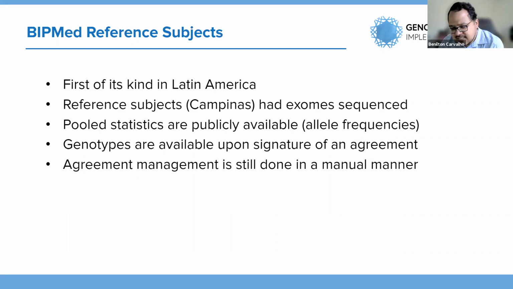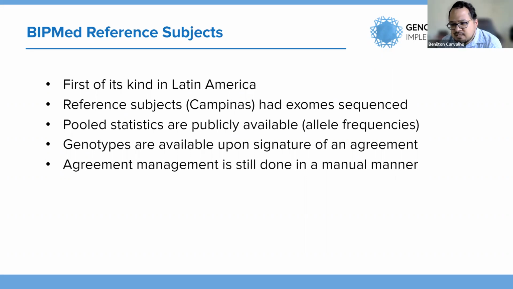On that note, I'd like to remind you that the BIPMed reference samples were the first of their kind here in Latin America. The reference subjects were collected here in Campinas. We had exomes sequenced. Pooled statistics like allele frequencies are publicly available.